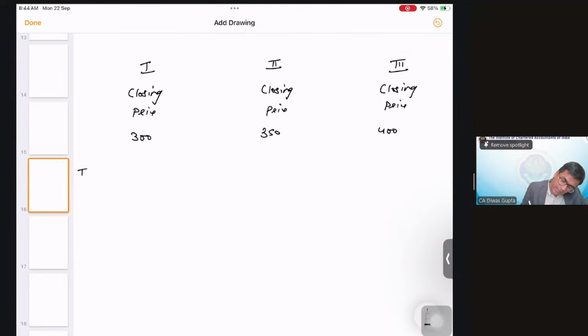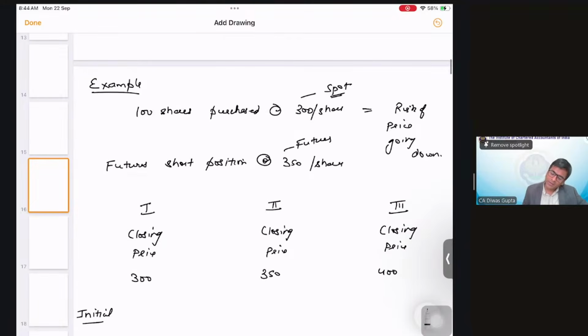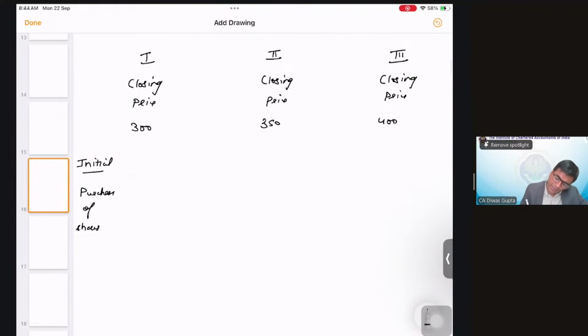Initially what we did was purchase shares at 300 rupees each, and how many shares? 100 shares. So 30,000 rupees is what we would have spent in all three cases in purchasing the shares.